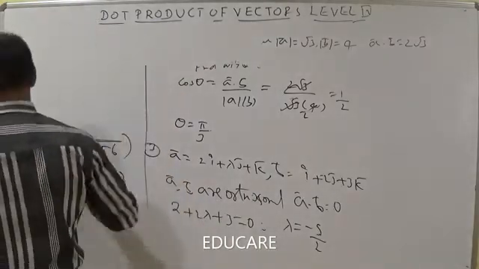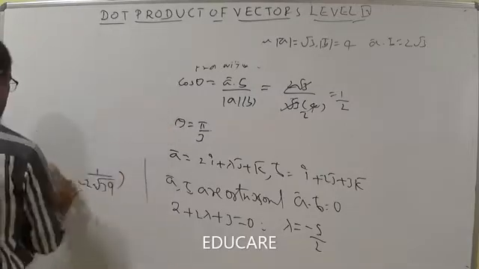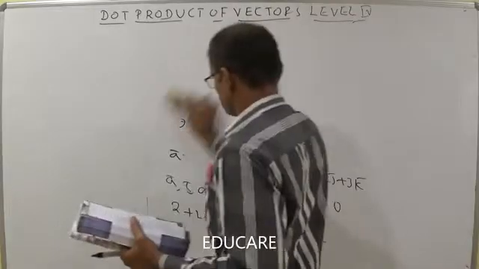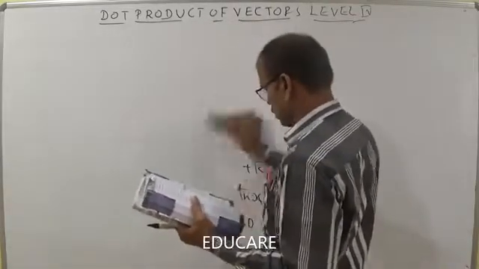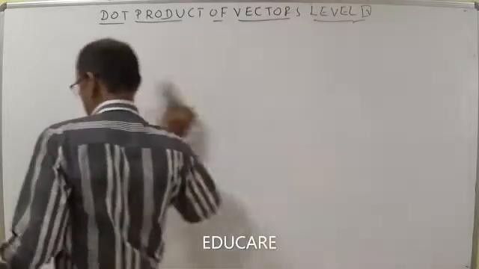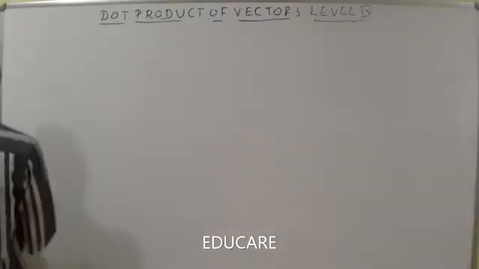Given A bar, B bar, C bar are three vectors such that A bar plus B bar plus C bar is equal to 0 bar. 0 bar means it is a null vector.